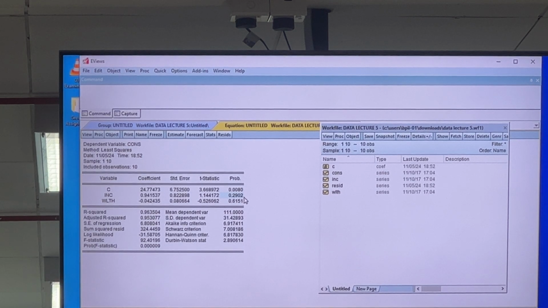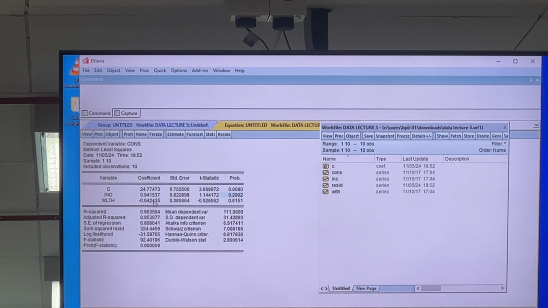Because the p-value is greater than 0.05. For wealth, the sign of the estimate is already incorrect, negative, although it's supposed to be positive. So it's not what we expect to see. And in terms of p-value, it is also not significant. So both are insignificant, greater than 0.05.